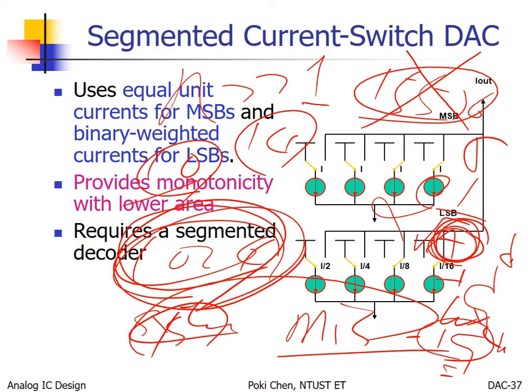Unless you have calibration. Okay, let's go back to calibration. If you have calibration, you don't need to pay attention to systematic or random mismatch, because you can calibrate the output back to the ideal value after fabrication. Otherwise, you need to be very careful. Layout pattern can help you to handle systematic mismatch, and the device area will decide how good or bad the random mismatch is.